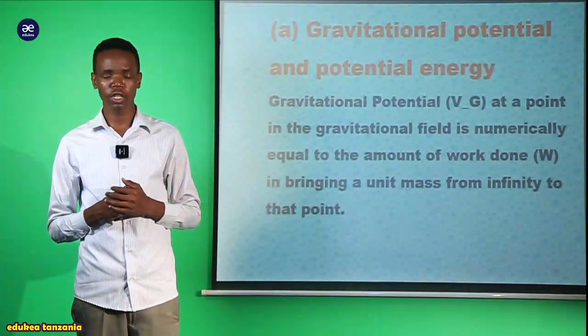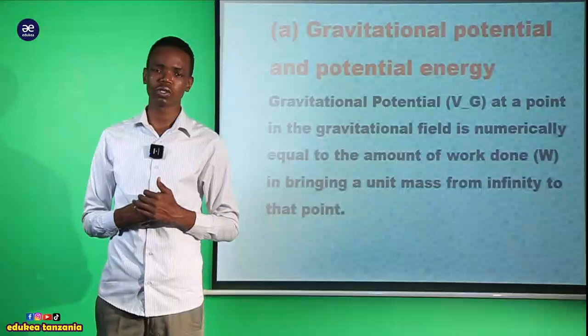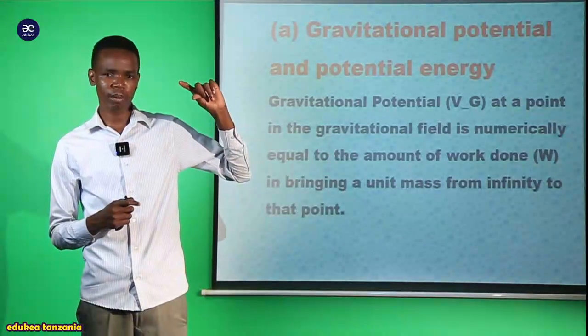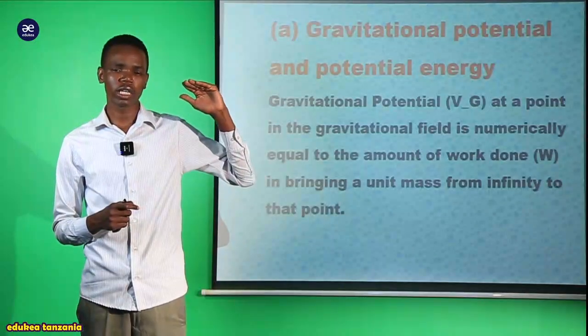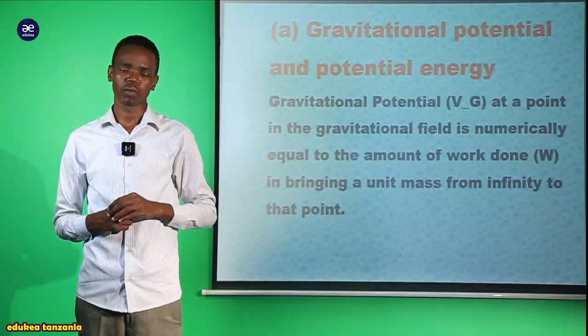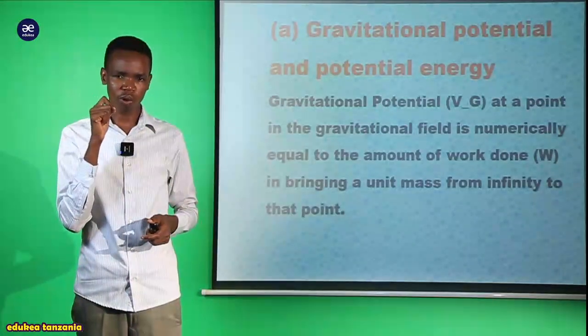Inside the gravitational potential, we are going to look at how the work done and the mass are related. We have the mass at the point of infinity, and now we want to take that mass and bring it to a certain point. So if we want to remove it, it means work done is required.